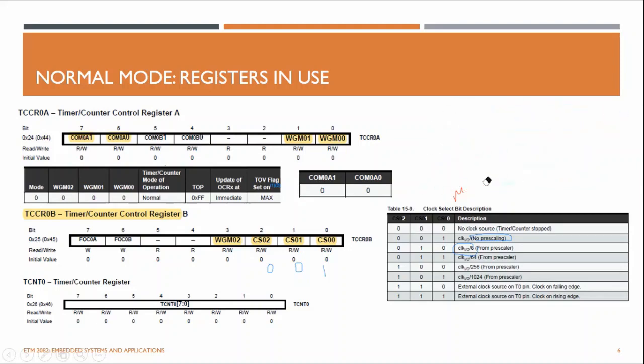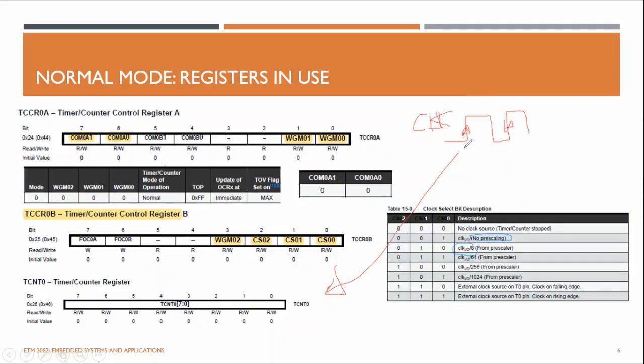Use the prescaler if you don't need that kind of fast operation. Whatever the timer value is, the timer register is updated with each clock period available to your timer, whether it's prescaled or not.